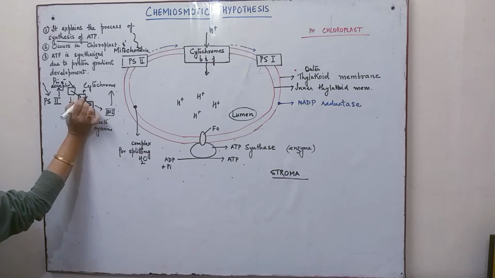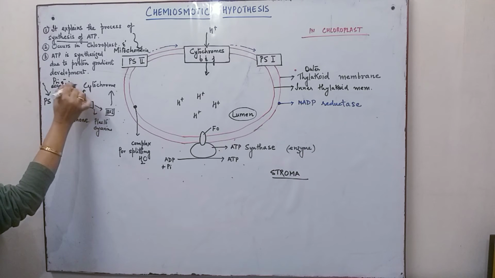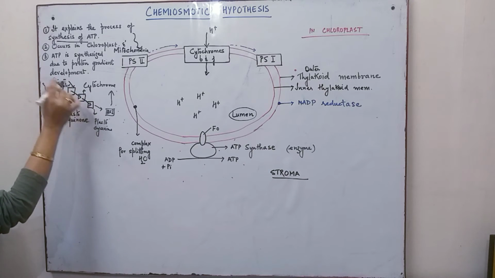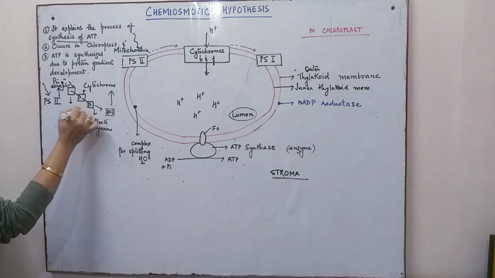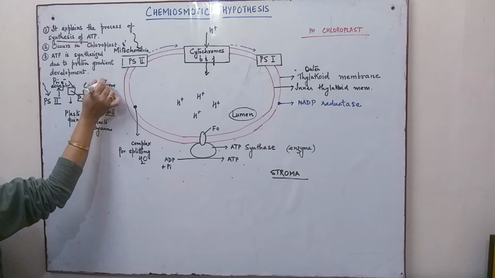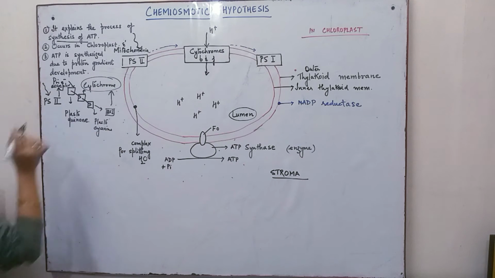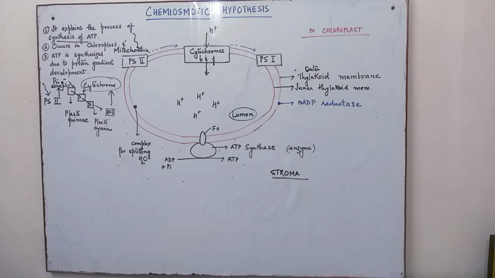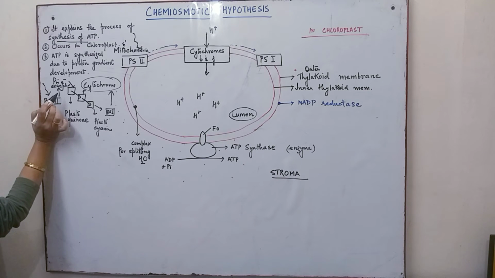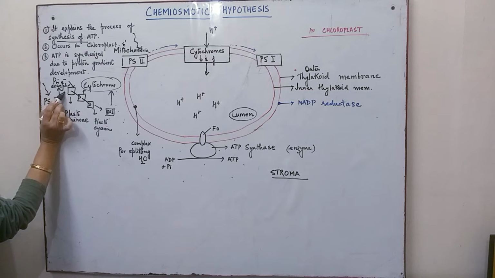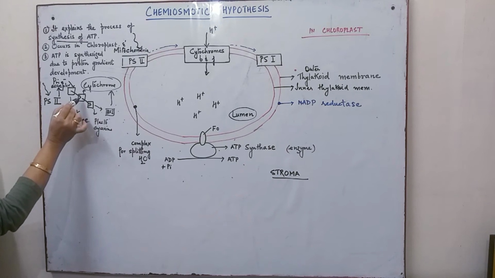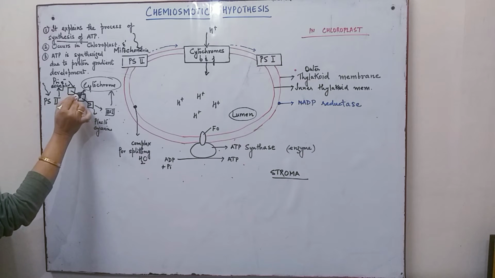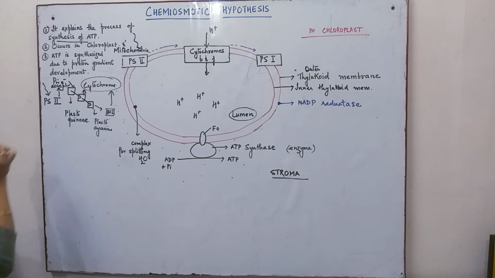We have also mentioned that during this transfer of electrons through the electron transport chain, at this cytochrome level, there is a release of energy by these electrons. That is because the electrons are moving from a high energy level to a low energy level, so they radiate energy at the cytochrome.